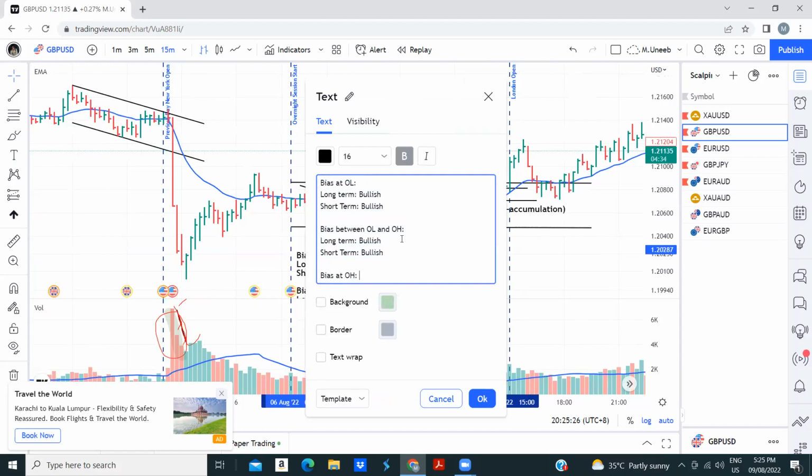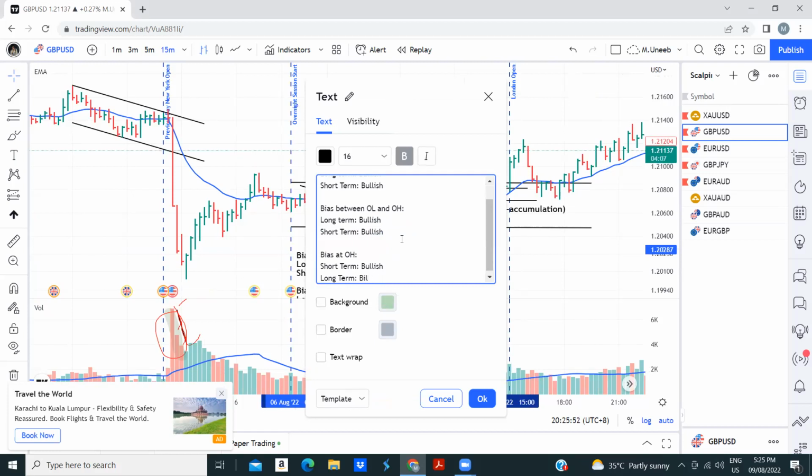Due to build up, what will be the bias? Bullish. Short term. And of course, long term will also be bullish. Any confusion so far? No.